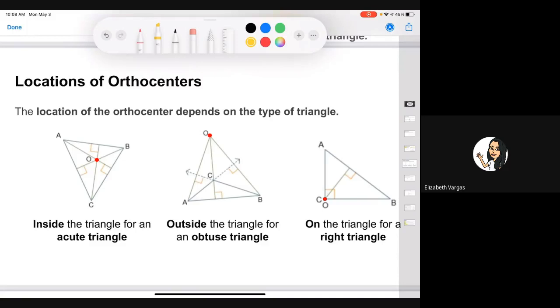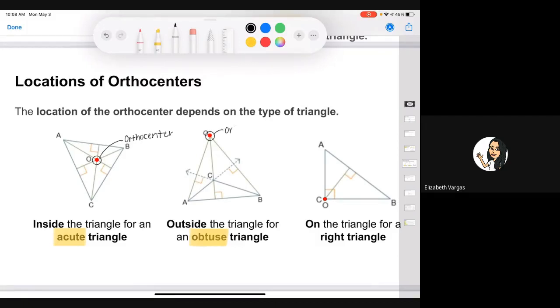Whenever you have an orthocenter, on the other hand, your location depends on your type of triangle. If you have an acute triangle, all the angles are less than 90 degrees, your orthocenter is going to be on the inside. So this would be my orthocenter. If you have an obtuse triangle, so one obtuse angle, two acute angles, your orthocenter is going to be on the outside.